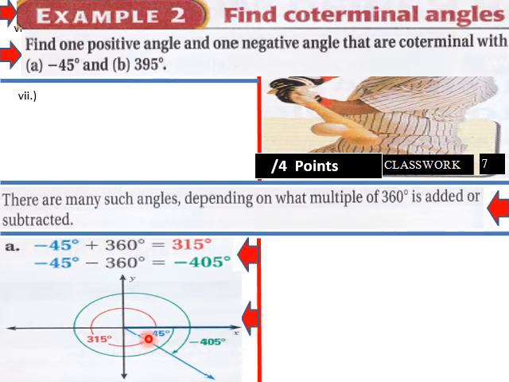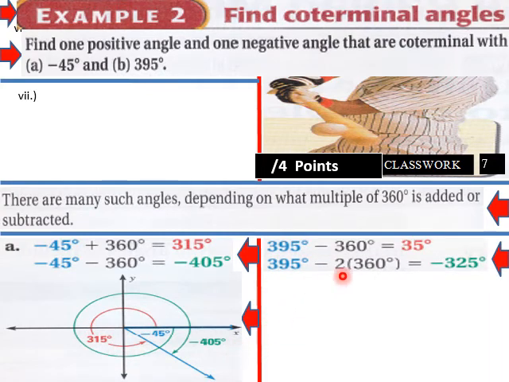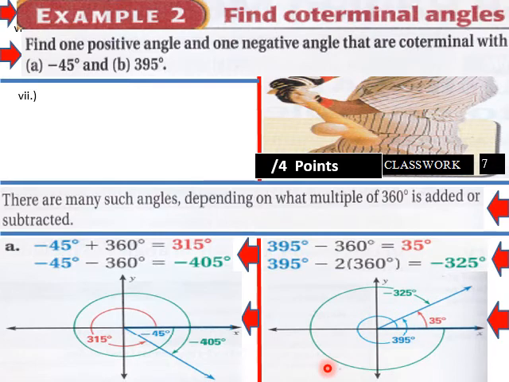You have this here, which would be a negative 45, and then a negative 405. You go this way, negative 405, or you go 315 here. This would be the positive 315. And 395 minus 360 would be 35 degrees, or a negative 325 would be coterminal there.